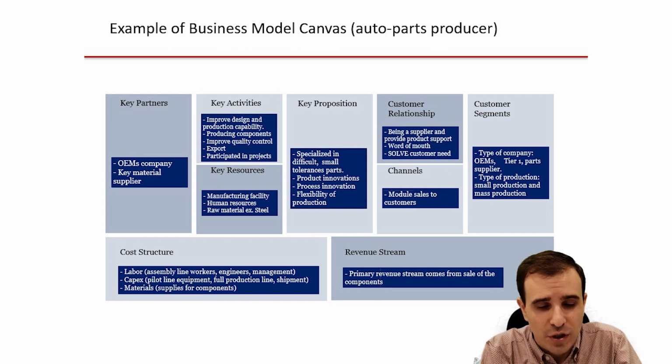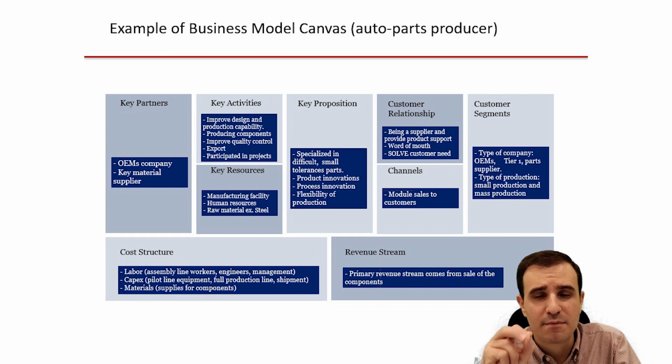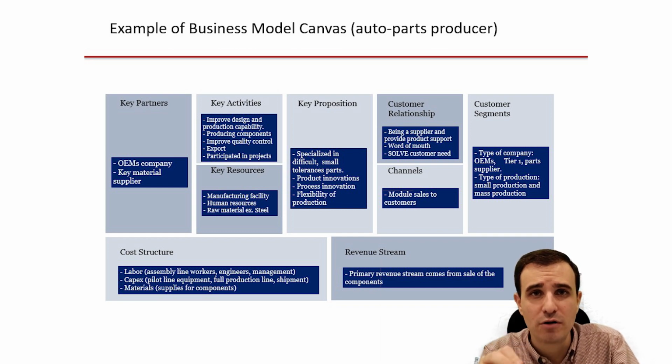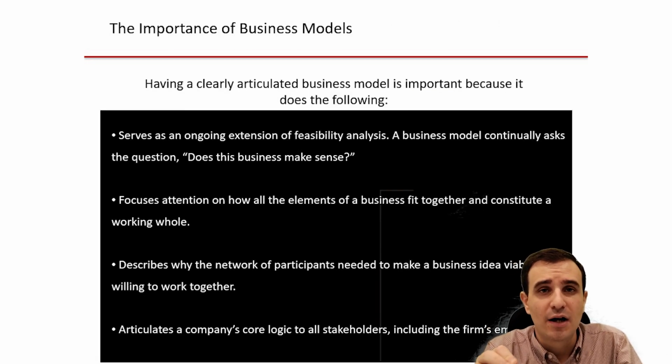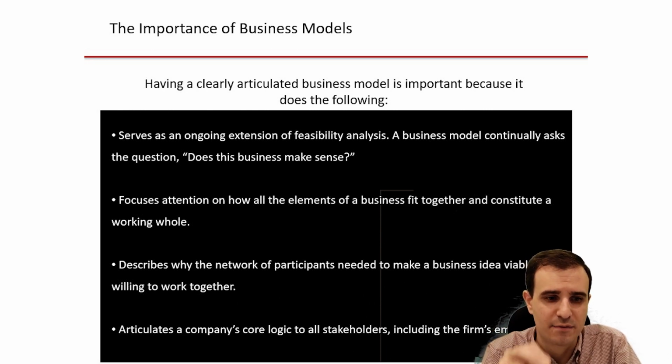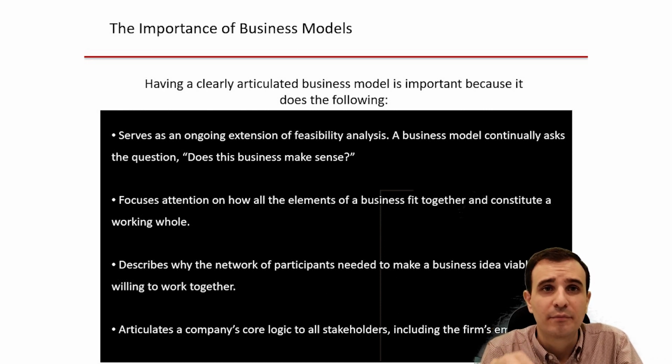We have mentioned earlier that a business model canvas must be clearly articulated. So the business model canvas looks easy to prepare, but on the contrary, it is very challenging to make a good business model canvas. Why so?